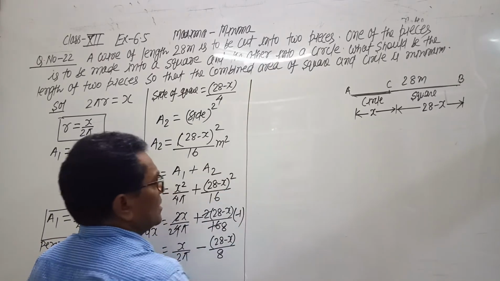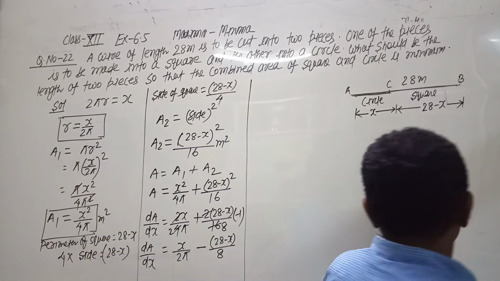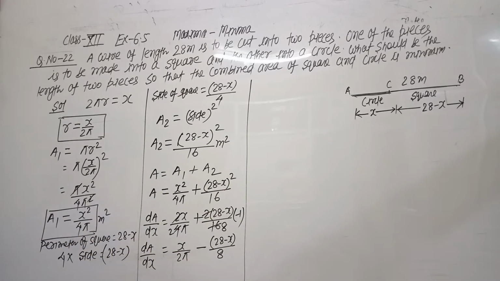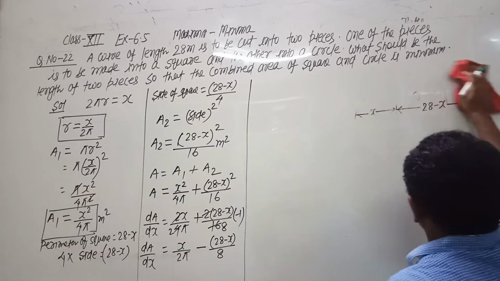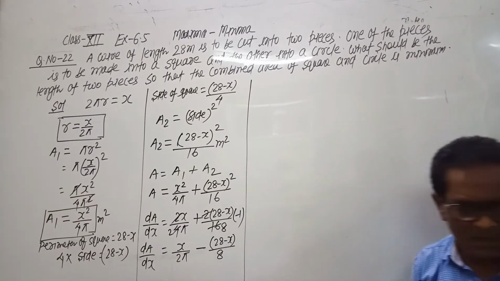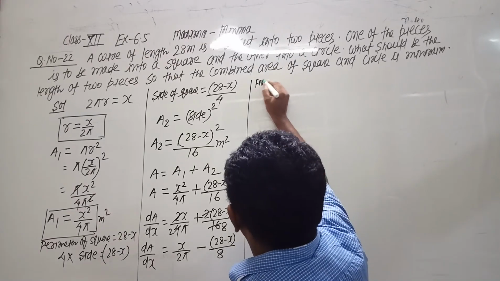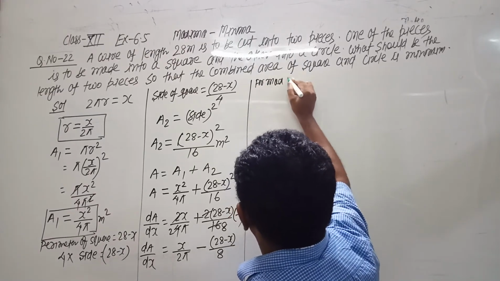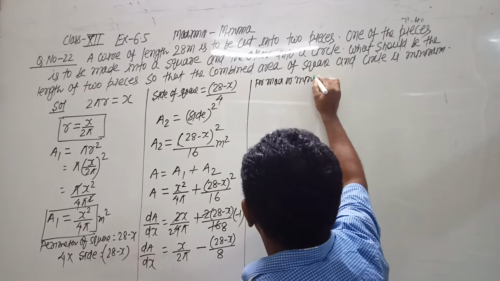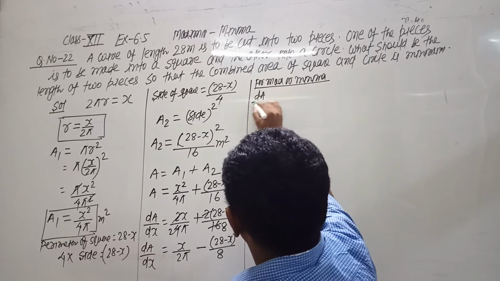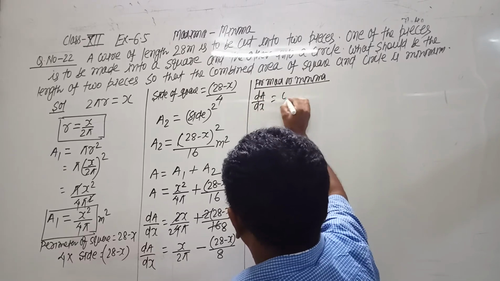And for maxima or minima, we have to make the differential coefficient equal to 0. So for maxima or minima, make dA by dx equals 0.